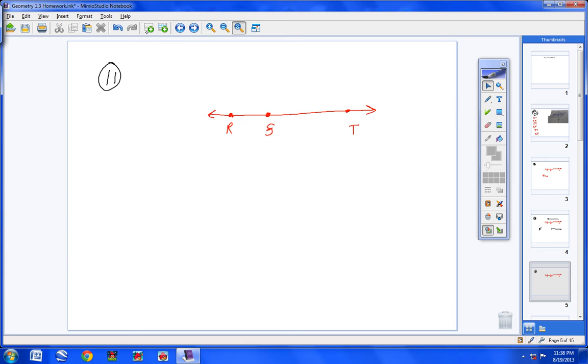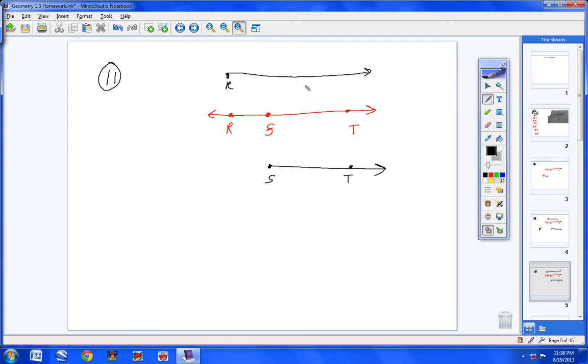Ray ST, so starting here and going this way, there's Ray ST. Ray ST is the same as Ray RT. So R would start here and go this way.